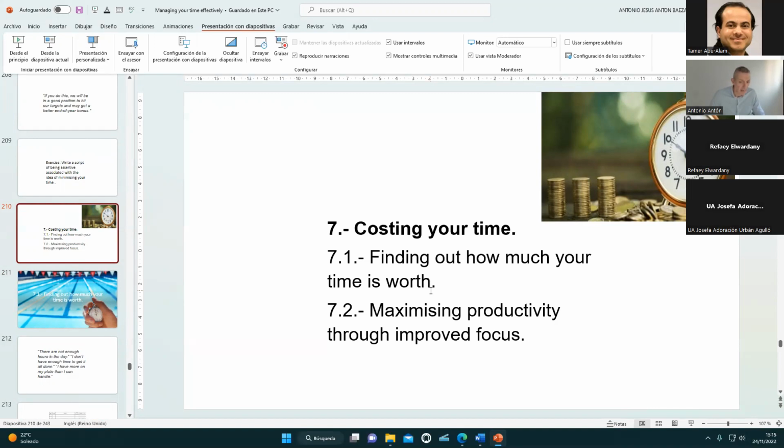When you are paralyzed, for some reason, you are stopping opportunities. It's like a train that comes and you decide to stay at the railway station instead of getting on to catch the train. You prefer to watch the train pass again. So keep it in mind in terms of time, finding how much your time is worth.